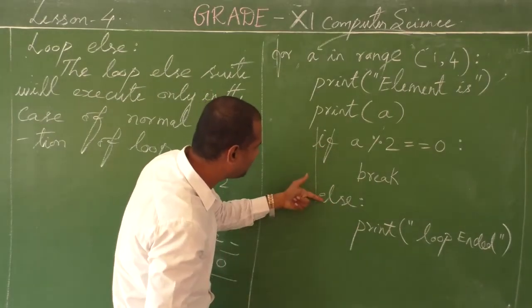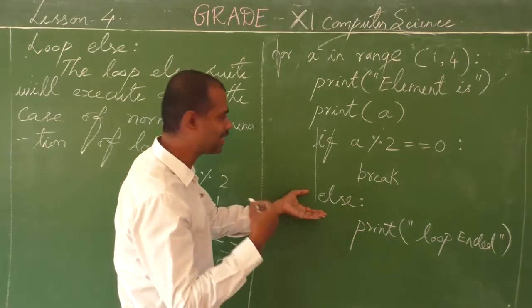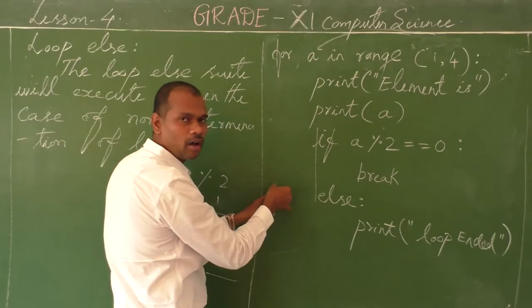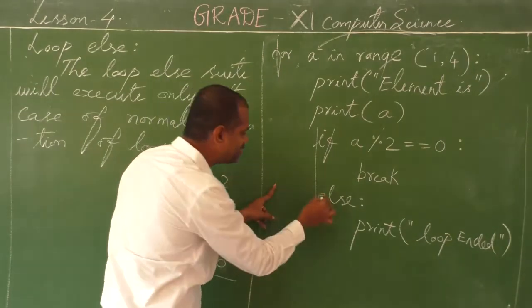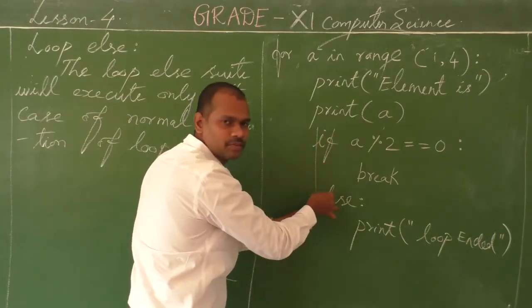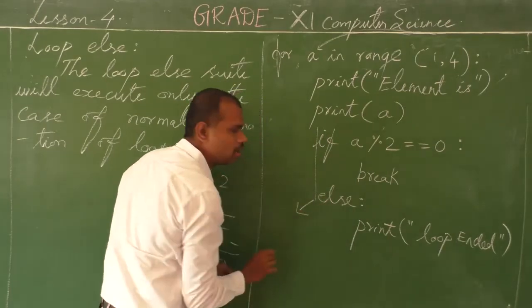If and else are at the same level. In the previous class, else was written directly below the for. That else is called loop else. This else is written directly under if, so this is not a loop else.